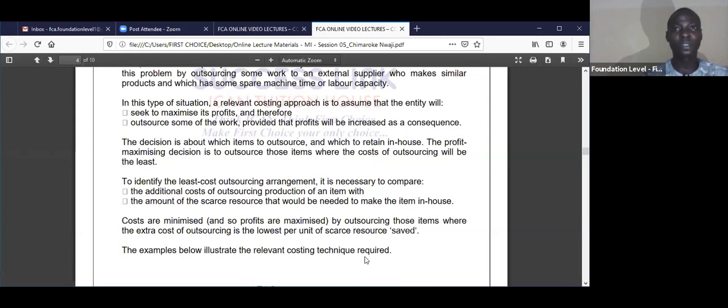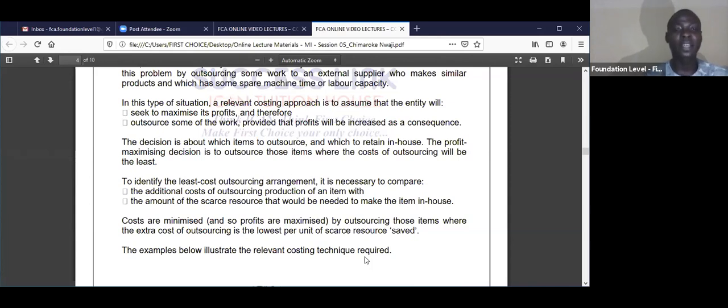So you remember when we were doing limiting factor, we said find your contribution per unit. But in this make or buy with scarce resource, we will say find the extra costs of outsourcing. That's one.